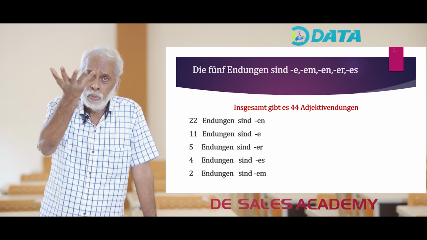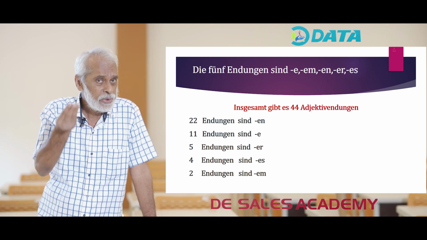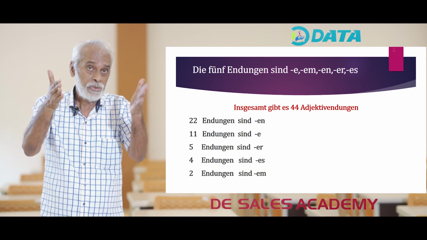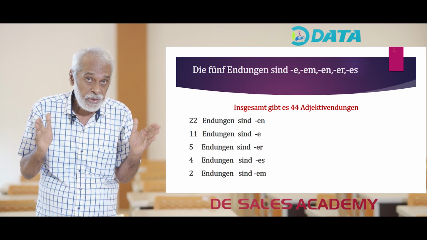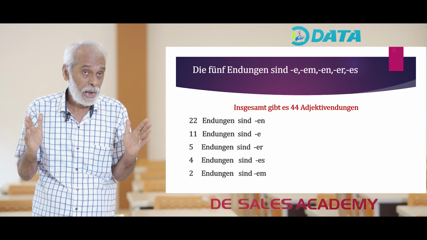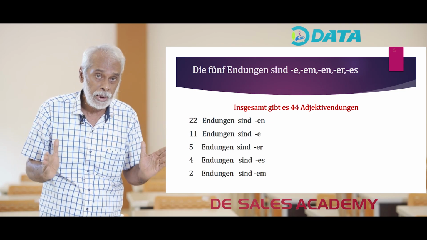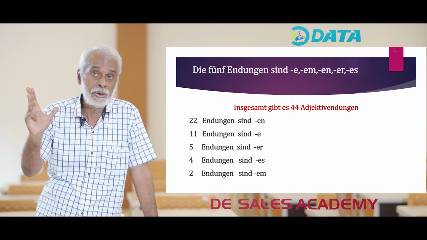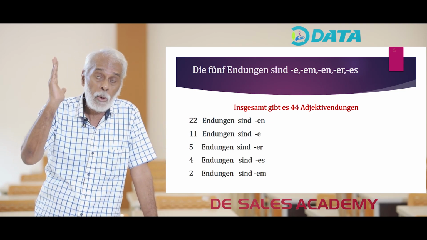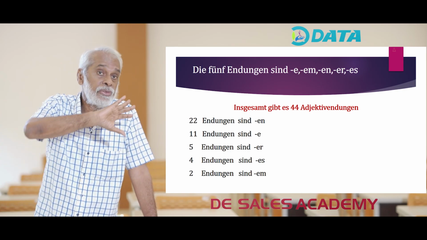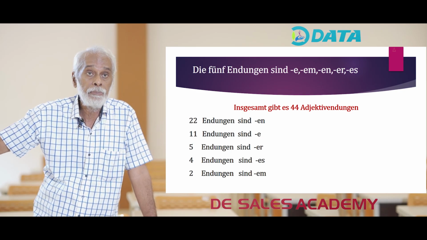I have given you some types here so that you can keep it in mind. If you look at this table, insgesamt gibt es 44 Adjektivendungen. Altogether in type 1, type 2 and type 3 there are 44 Adjektivendungen, and out of these 22 are en, that means 50% it is en.